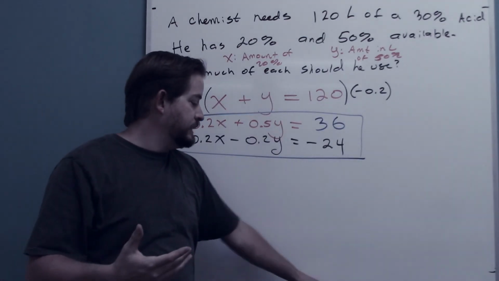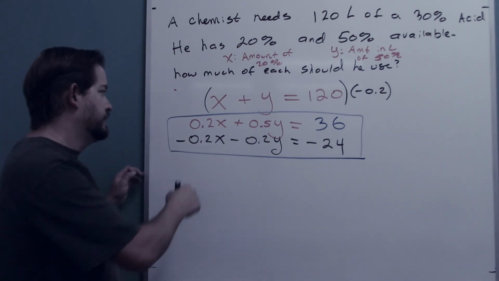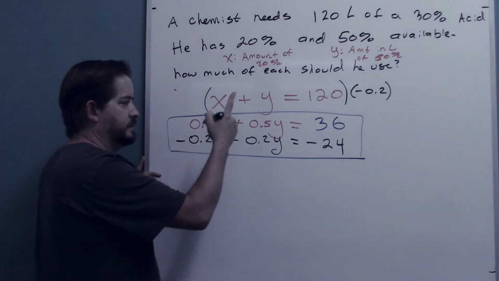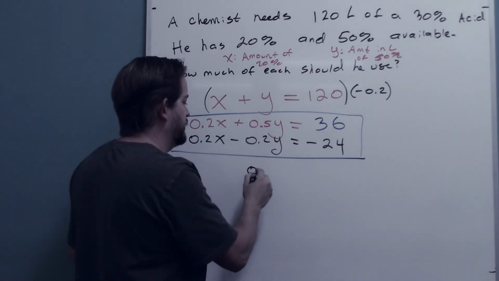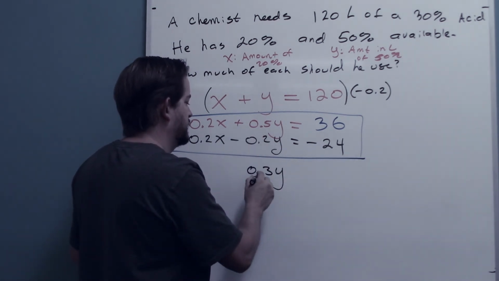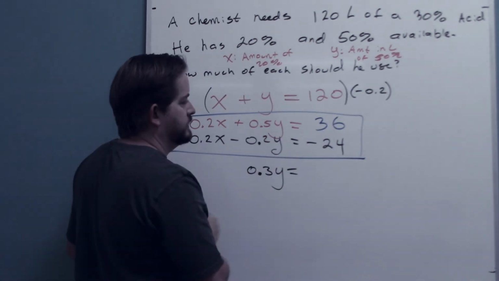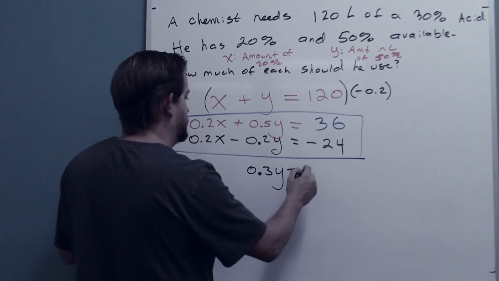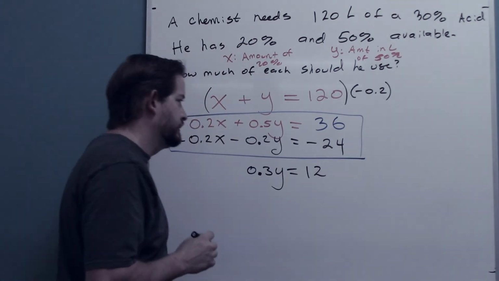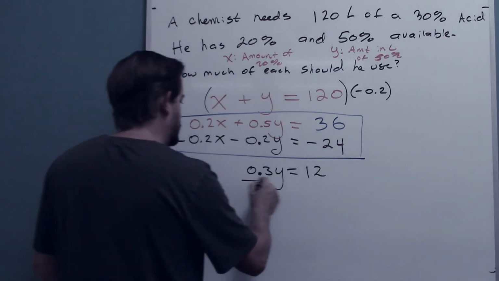I still have to deal with decimals, but I'm not scared, right? I can deal with this. 0.2x minus 0.2x, gone. 0.5y minus 0.2y, 0.3y. Equals, over here, 12. And then divide everything by 0.3.